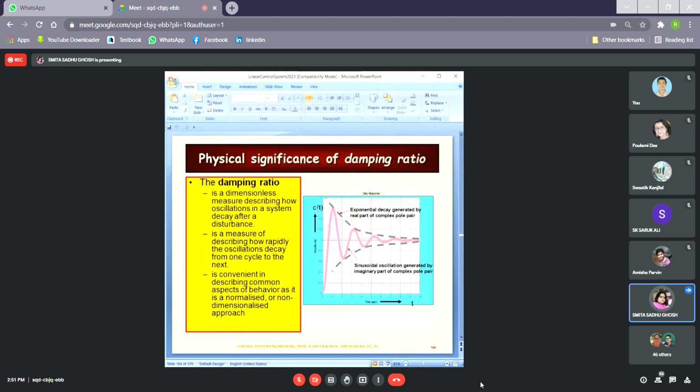For example, if it's a mechanical system, it may be position. If it's an electrical system, it may be a voltage, and so on. The other axis, the x-axis over here, is time. Of course, I've put time in seconds for this particular plot.